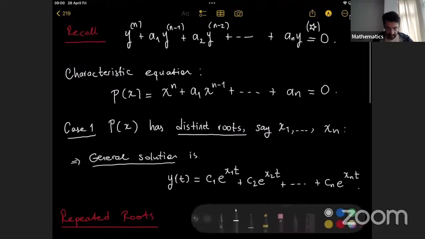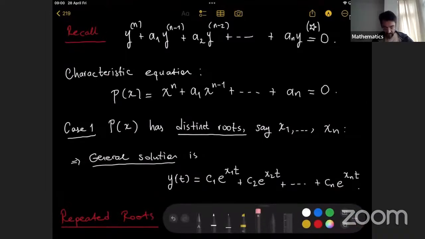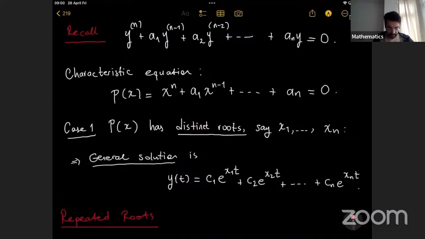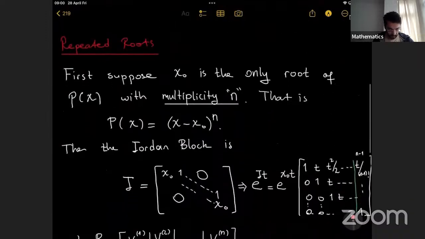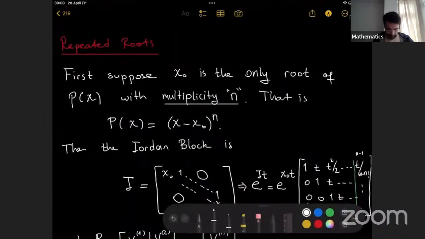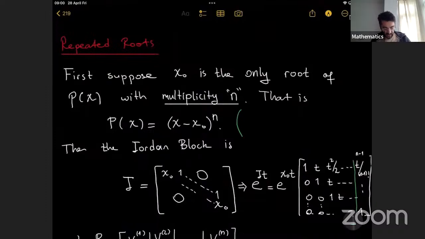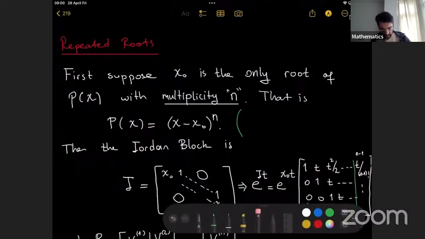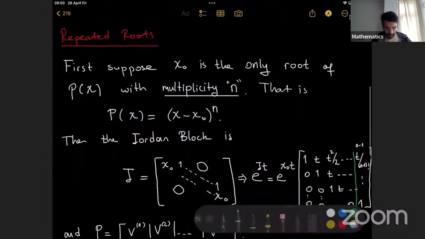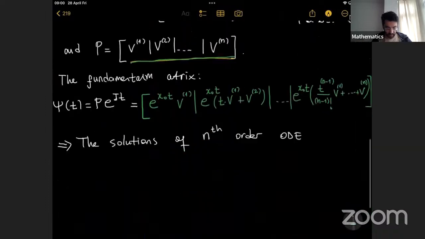Well, that was the case of distinct roots. In that case, maybe let's write the equation. What is the equation in this case? It's not easy to write down. Okay, let's skip that. But we understand what it is, right?